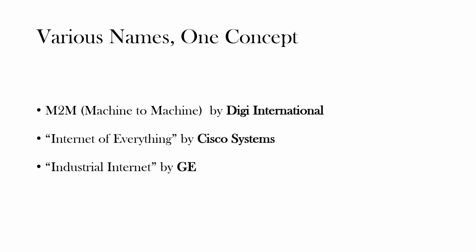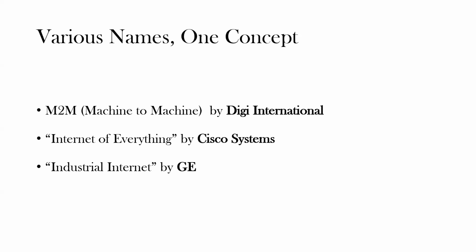They were residing in different geographical locations, different regions, but they used to communicate with each other using the cloud. They have their own cloud infrastructure. Using that, they used to communicate with each other. So the name given by them was machine-to-machine communication. They never used the word IoT until late 2016.